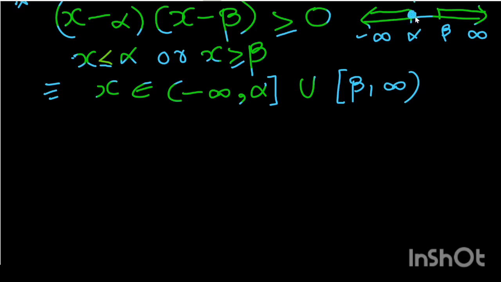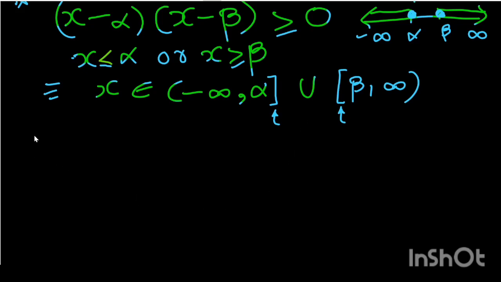Here a dark circle will be put at alpha and beta, and as you can note here, we replace the open bracket by the close bracket. So minus infinity to alpha included, union beta comma infinity, guys. So that way we can do it.